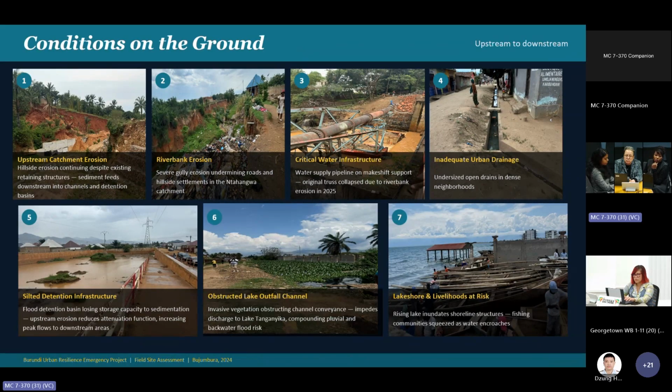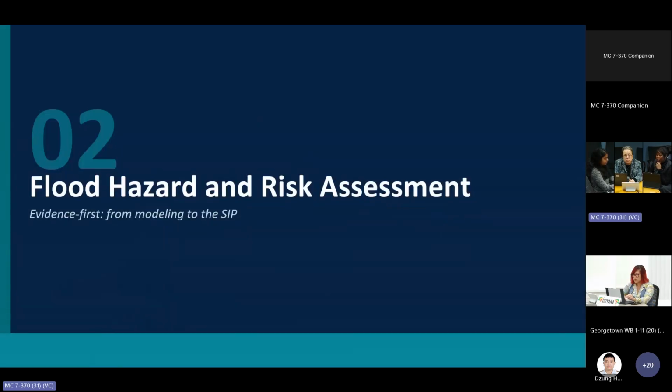And then at the downstream boundary, of course, discharge is constrained by elevated lake levels that create the backwater effect that propagates upstream. So within Bujumbura itself, the system is operating under multiple interacting constraints: reduced conveyance, reduced storage, low hydraulic gradients, and restricted outfalls, which together amplify the flood risk across urban areas.